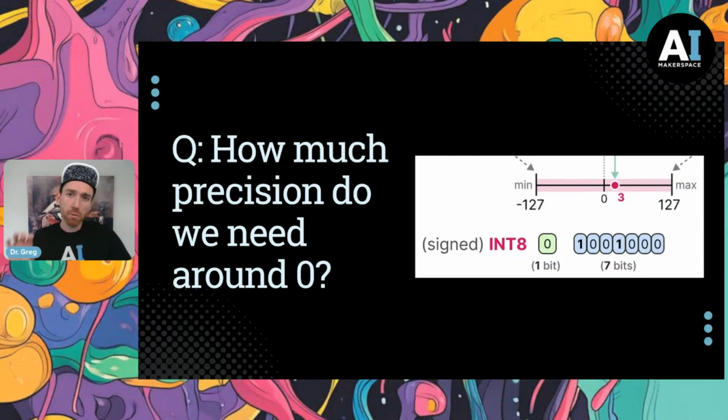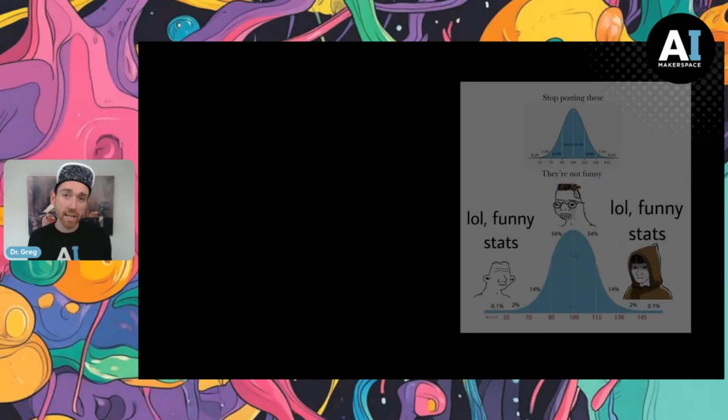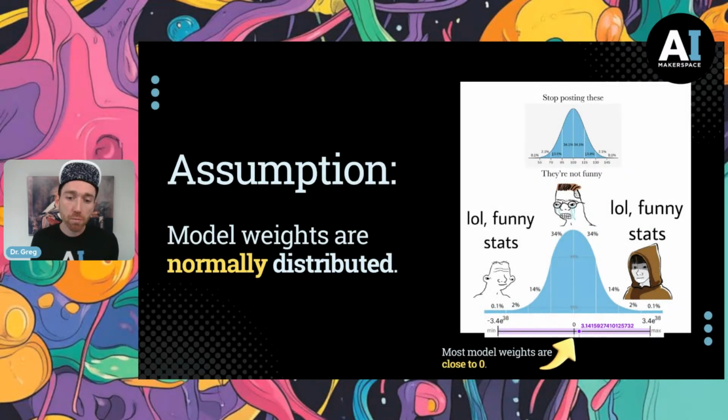There's another piece that we need to bring in here, another key assumption, because it's baked into this idea that most model weights are 0, but we haven't explicitly stated it. And that is that model weights are normally distributed. Now, that normal mean you might locate around 0, meaning the majority of the weights are around 0.